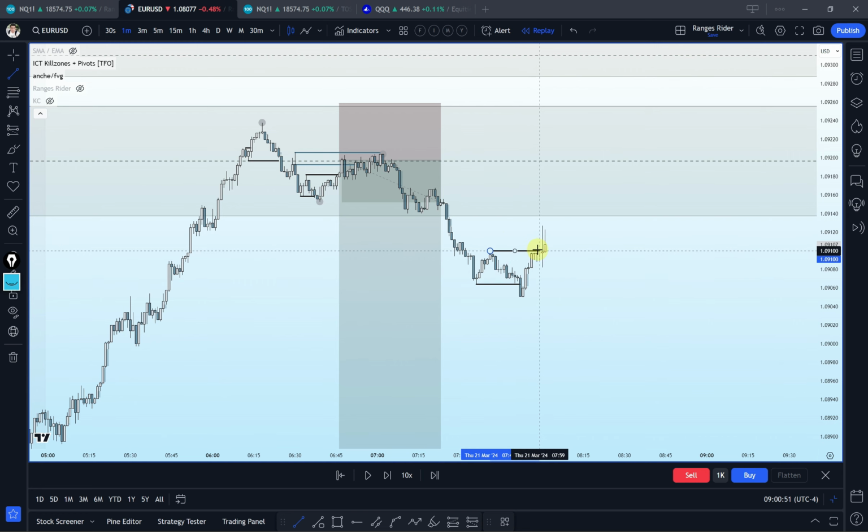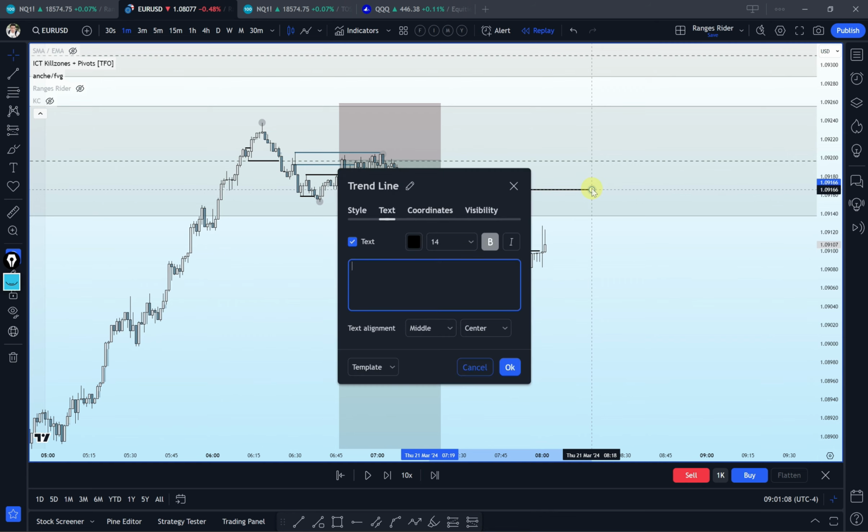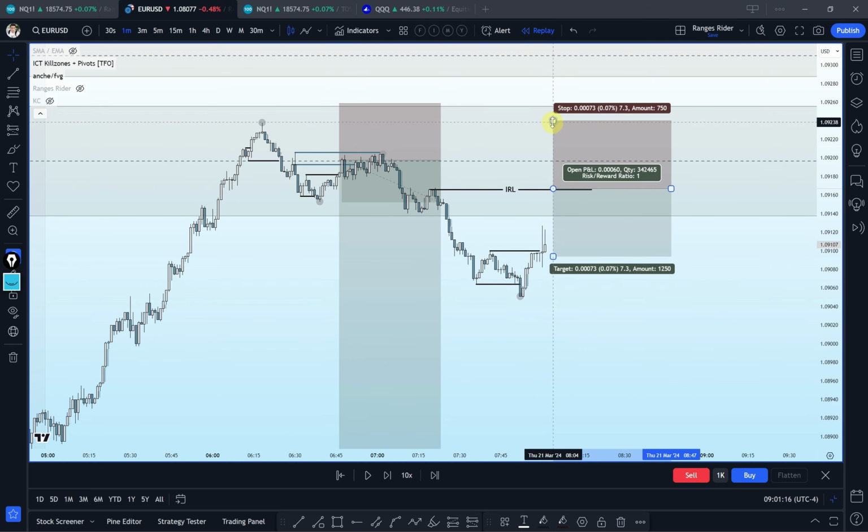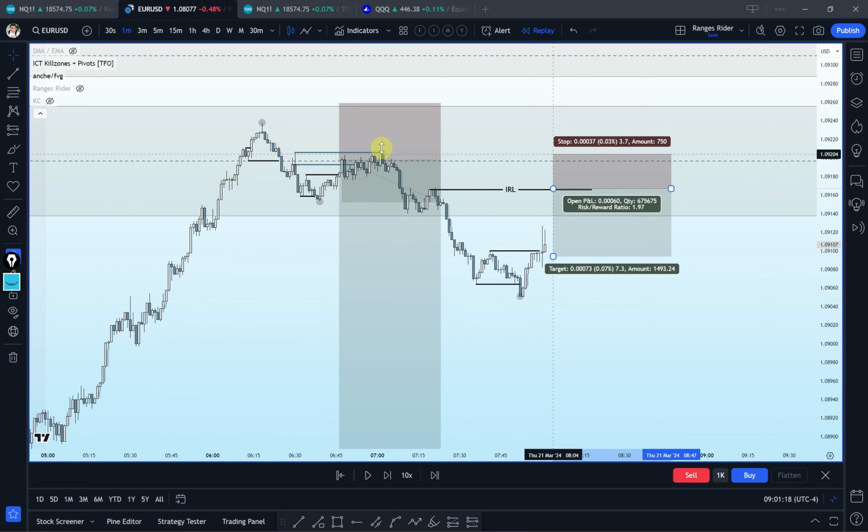And what do we have now? This is a strong high and this is a weak low, right? And where is the internal range liquidity? Here is the internal range liquidity. And above the internal range liquidity, we want to enter with the stop loss just at the strong high.